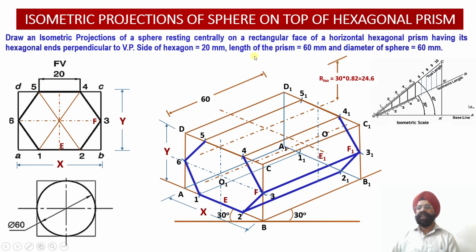The sphere is given to me as a diameter. Please check, the diameter of the sphere is given to me as 60 millimeter. So the radius becomes how much? 30 millimeter.